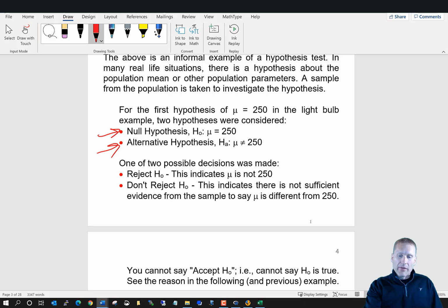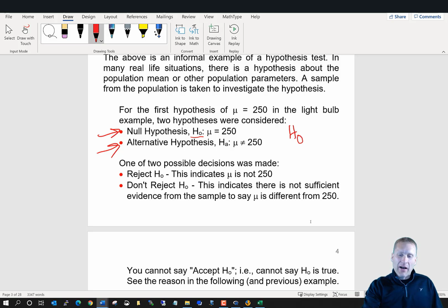Our null hypothesis in a symbolic form is denoted by H0, so 0 in the subscript, colon, mu equal 250. Some people will also write this as H with a subscript 0. Even though they put a 0 there, most people will still pronounce it as H-oh.